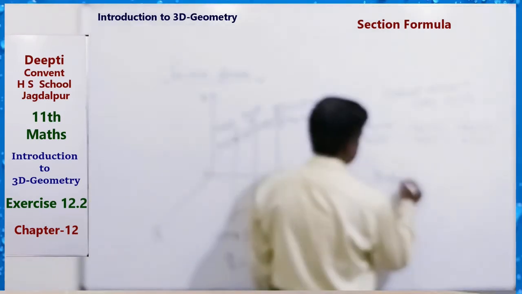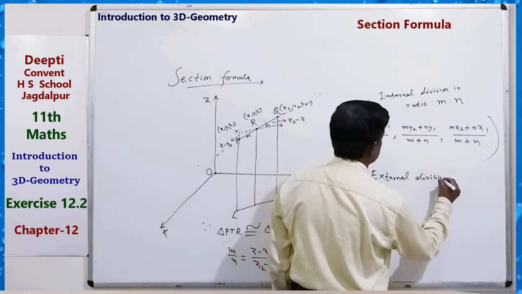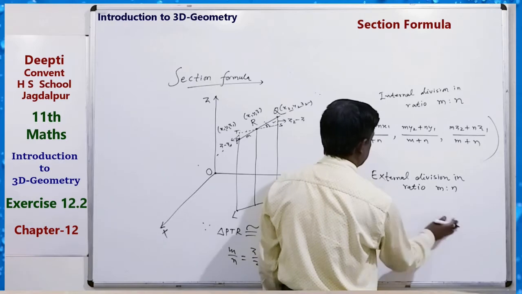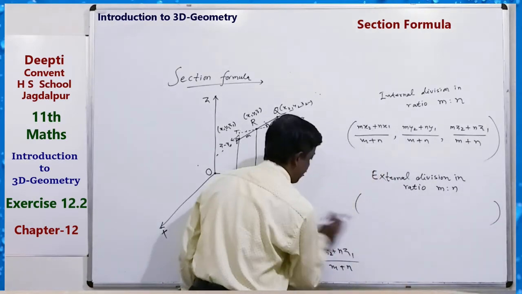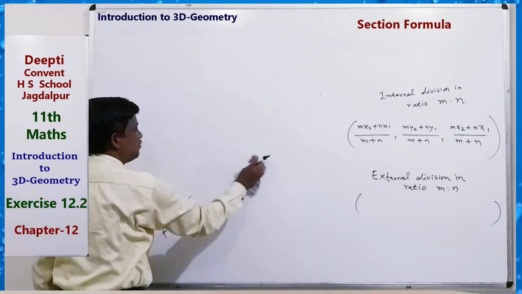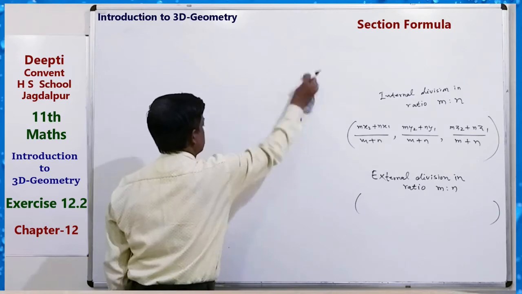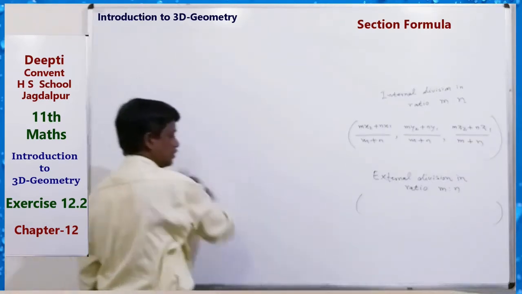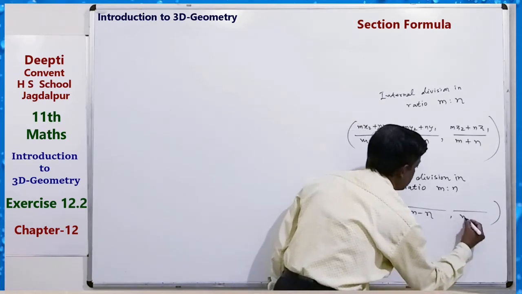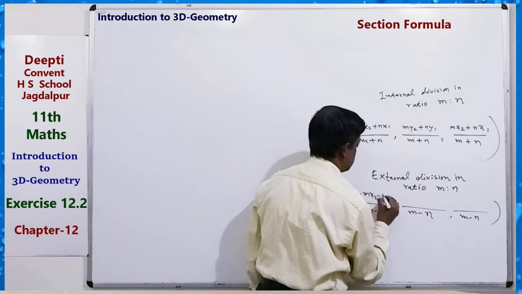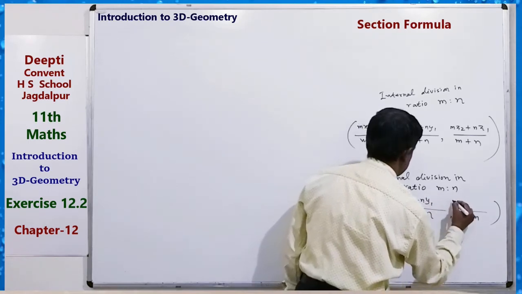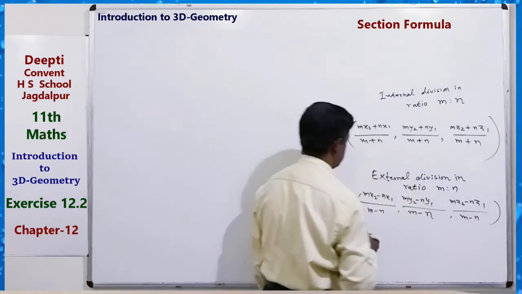So external division in ratio m:n gives the formula with a negative sign in place of plus: m minus n in the denominator, and m x2 minus n x1, m y2 minus n y1, and m z2 minus n z1 in the numerators.